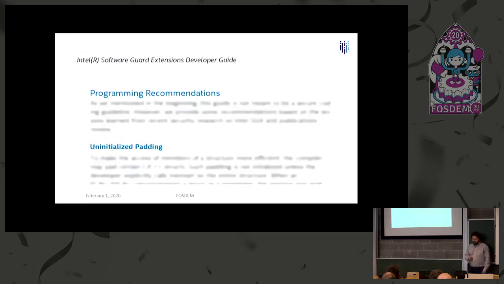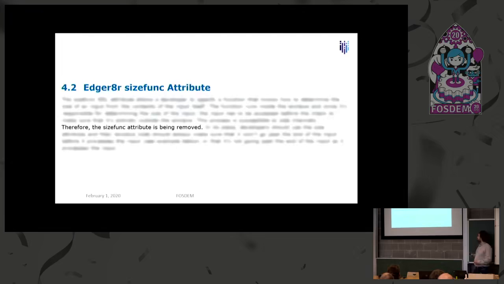Regarding the padding issue, this was an issue with the Intel SGX SDK. This is an excerpt from the developer guide from Intel, where they say you have to be aware not to put padding in the structures that you're using in your enclave interface. Another thing from Intel's developer guide is that they had functionality to allow you to specify variable length inputs, but that's gone now.